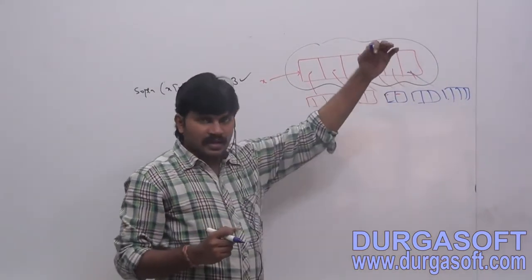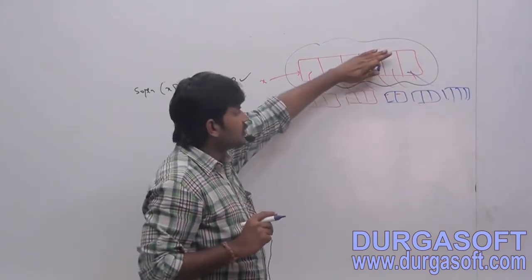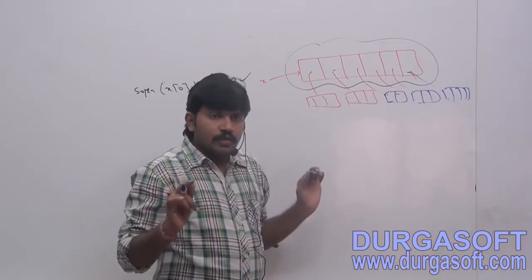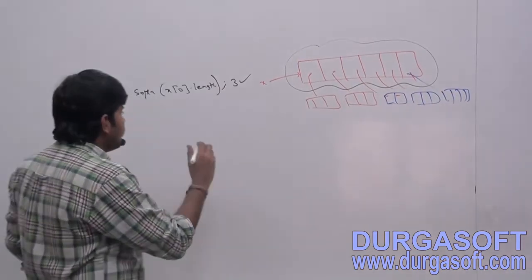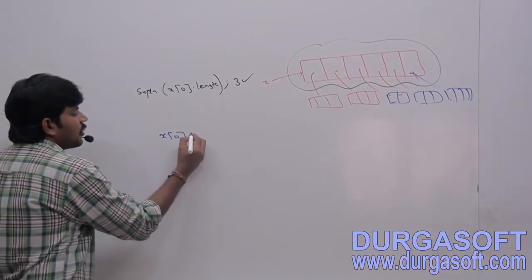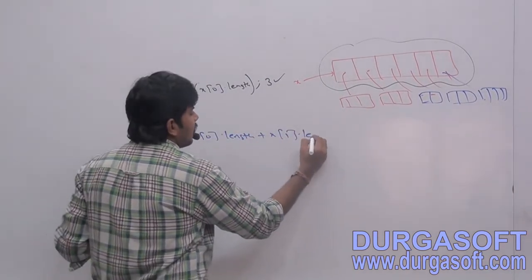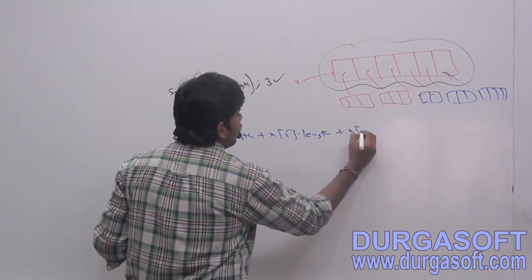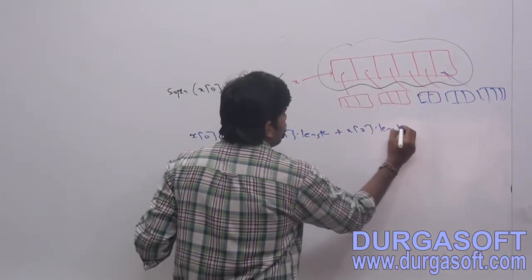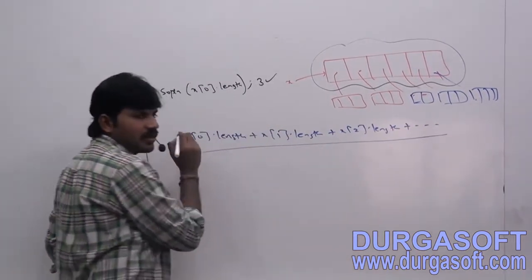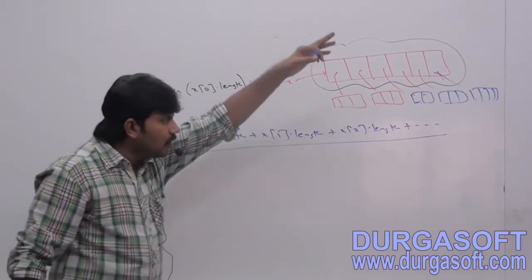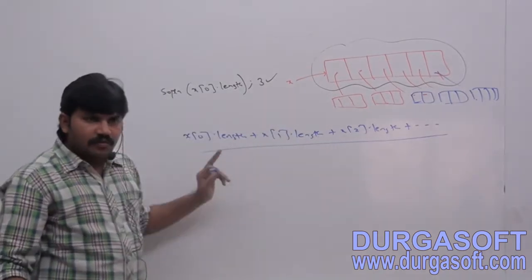There is no direct way to specify the size of a multi-dimensional array, but indirectly we can find it. The way is very simple: x of 0 dot length plus x of 1 dot length plus x of 2 dot length plus and so on. If you count all of them, then automatically you will get the total size.